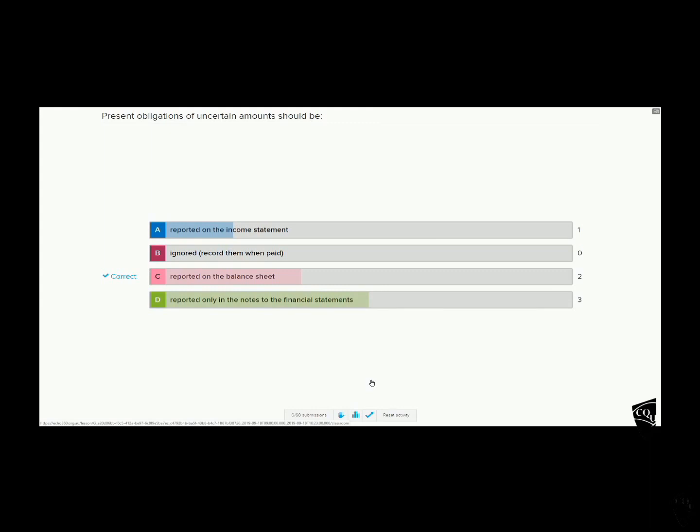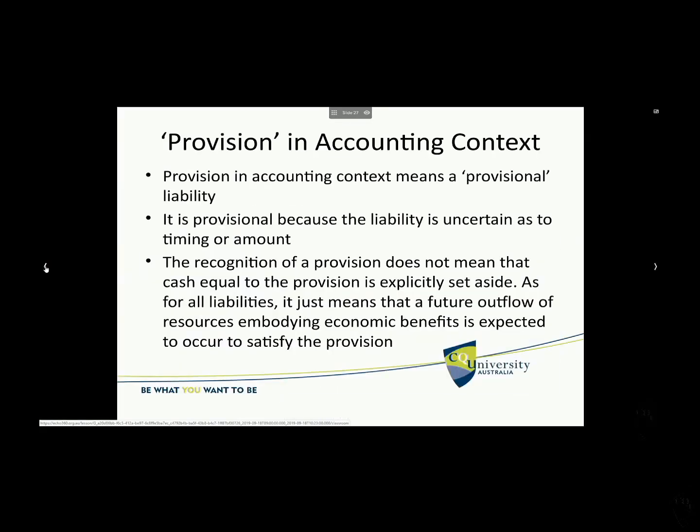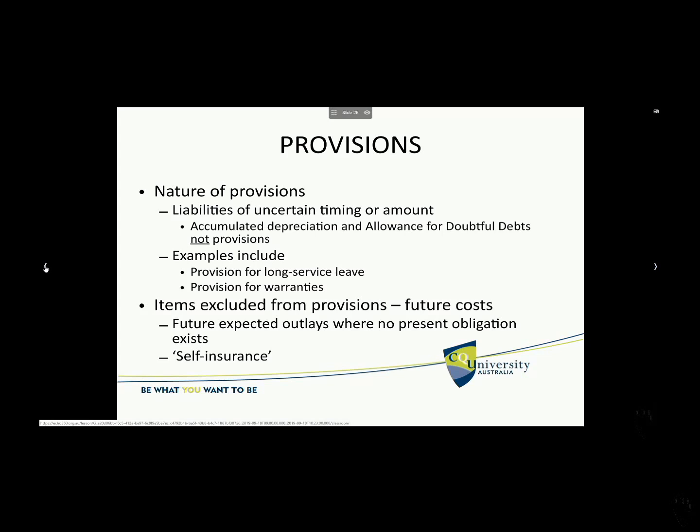Now, a present obligation of uncertain amounts should be. Remember we said before that a provision is a special type of liability. And for it to be a liability, it needs to be a present obligation. Remember, a provision is, let's go back to it, a liability of uncertain timing or amount.